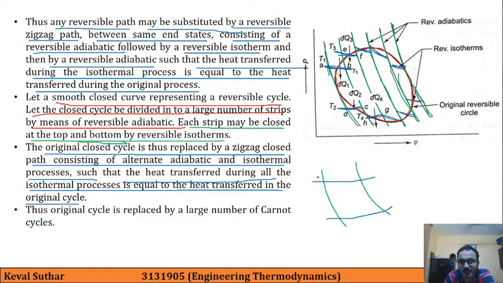So to fix these points, let us say that we are having this to be point A, B, C and D, and the curve is for a PV diagram. So here we are having pressure and here we are having volume, and the direction is like this.